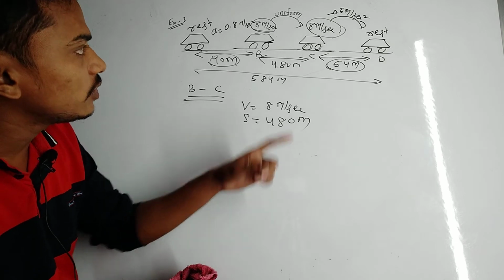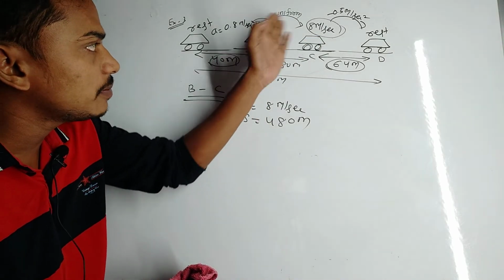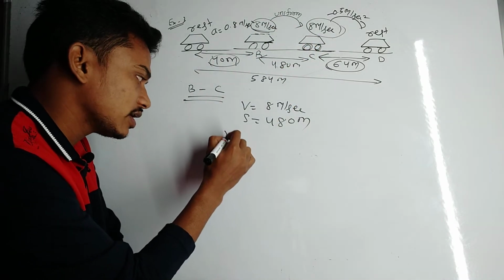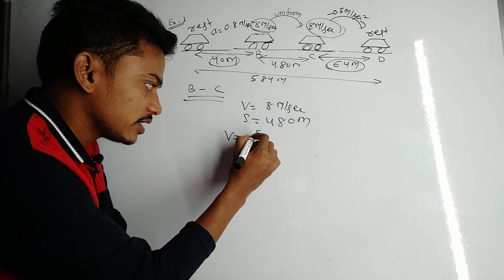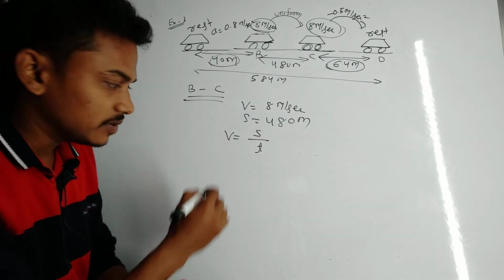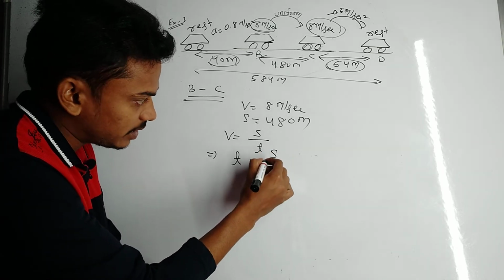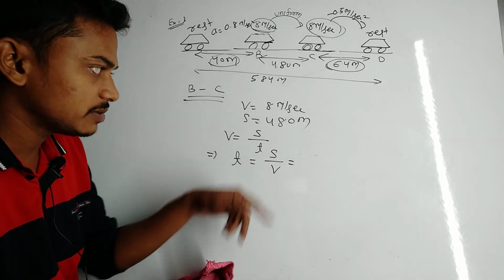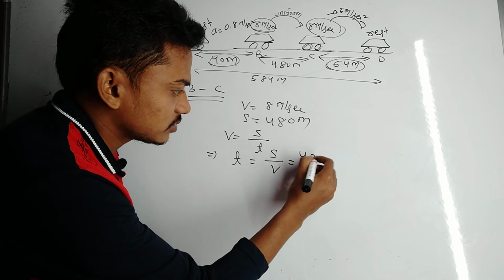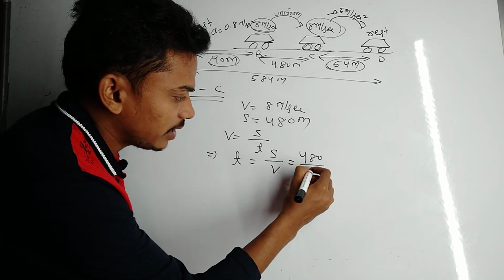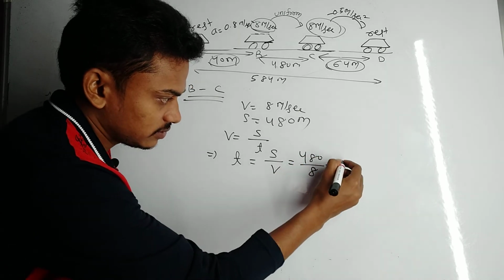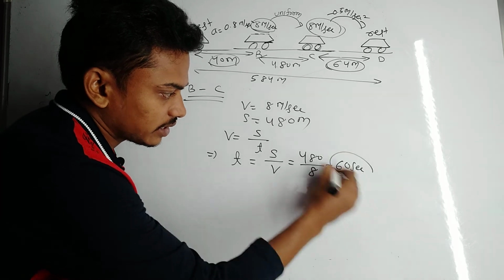I told you that in case of uniform motion, only use the relation velocity equals displacement by time. This implies time is equal to distance by velocity. So 480 by 8 equals 60 second.